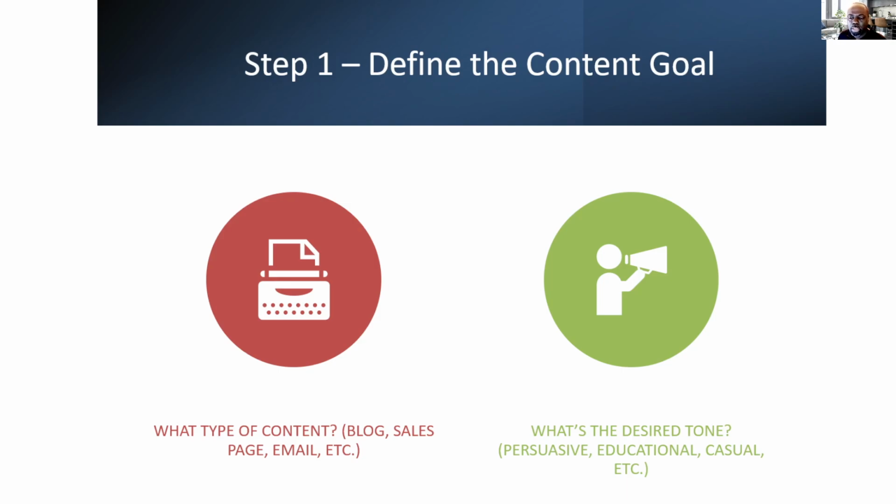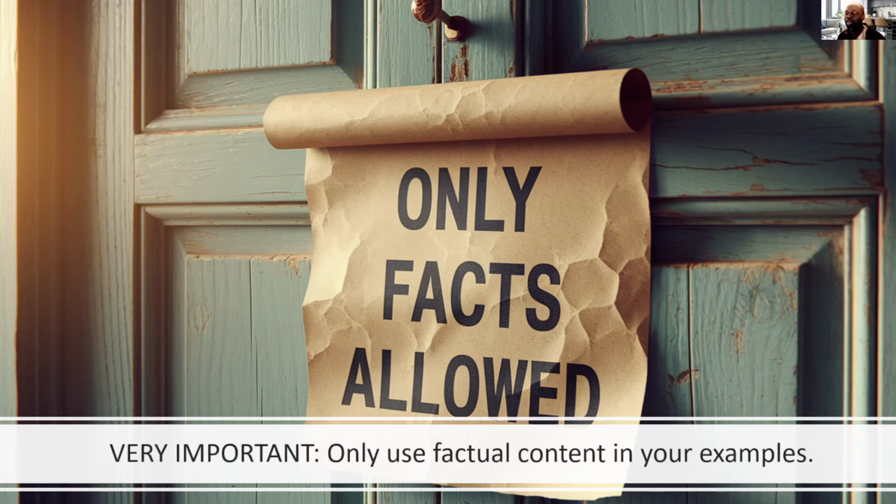Right. Now, the next point is very, very important, because if you don't follow this, you're bound to have AI writing content that's not factual. When you are creating a template for AI to follow, you must always use factual content, because your AI is also thinking, do they want me to write fiction?